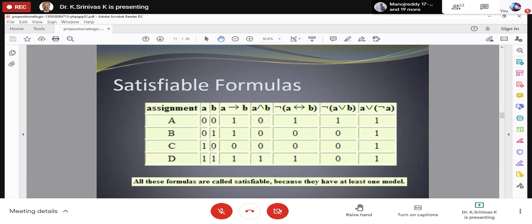So if you look at this, all the models are having at least one. A implies B is having three ones. A and B is having a single one. Negation of A bidirectional B is having two ones. And negation of A or B is having one. And B or negation of A is having four ones.